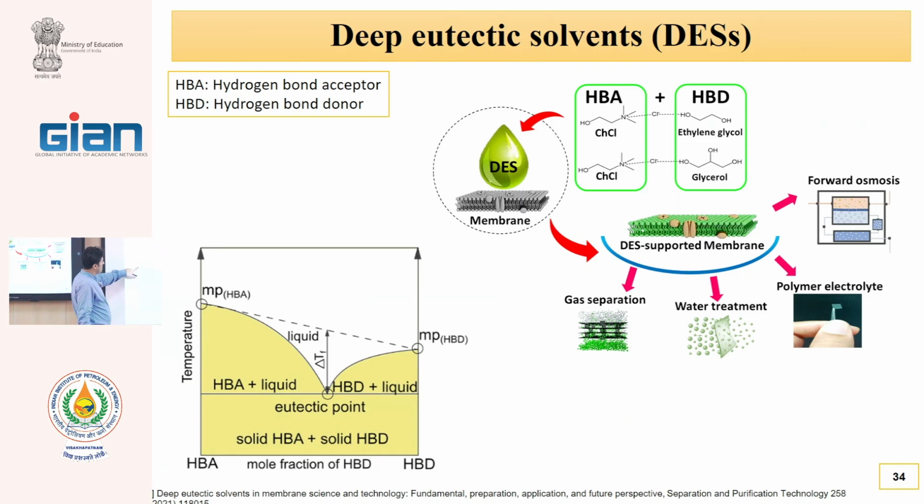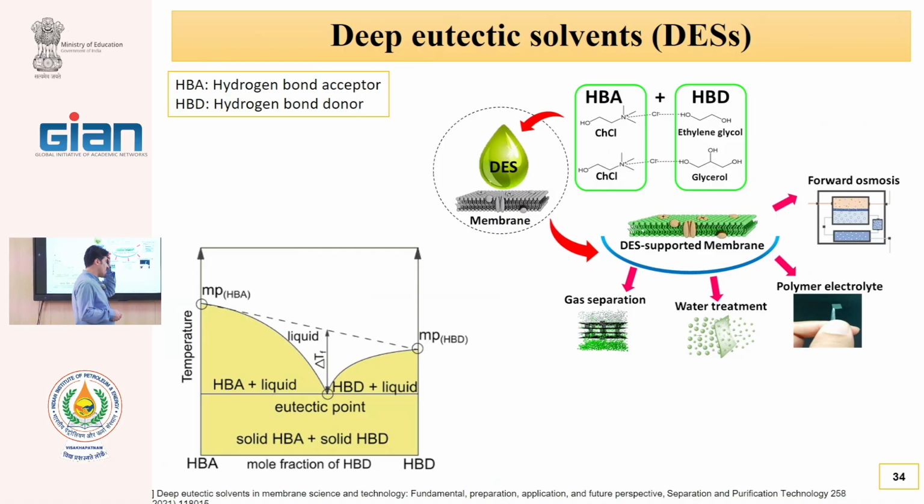This one is 100, this one is 15. With mixing, we go to 10 centigrade, and we have a liquid. And this liquid is cheap, because the materials used, glycerol, ethylene glycol, urea, are very cheap.